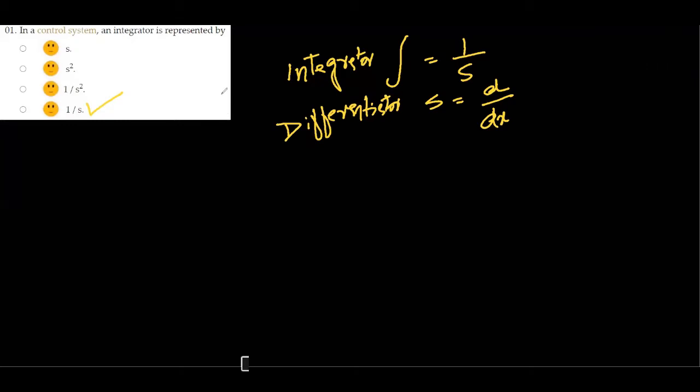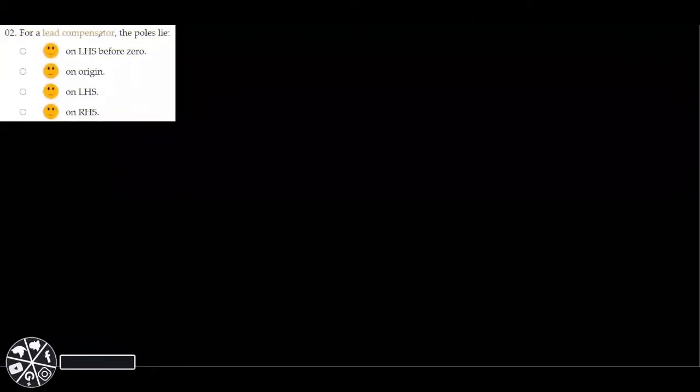Okay, next MCQ is: for a lead compensator, the pole lies on left hand side before zero, on origin, on left hand side, on right hand side. So actually we have two types of compensator.